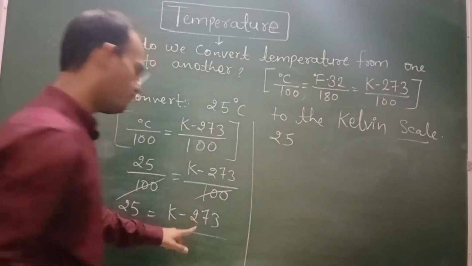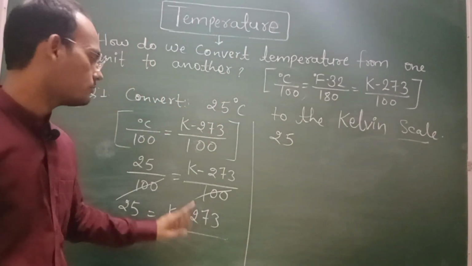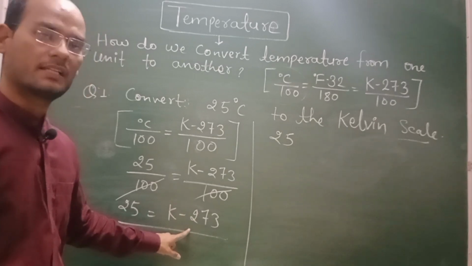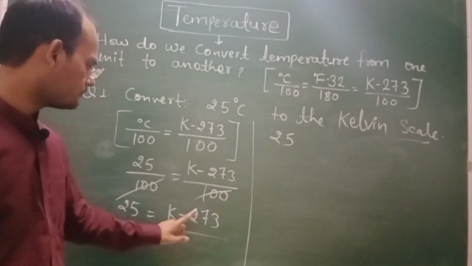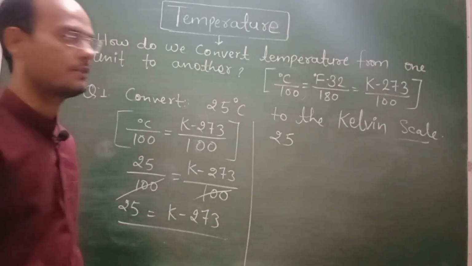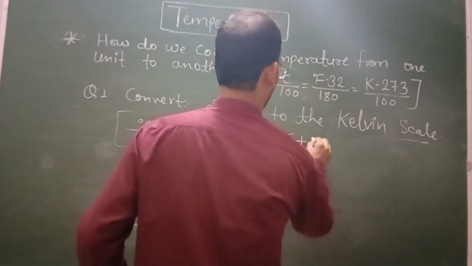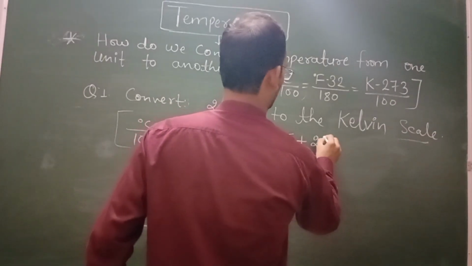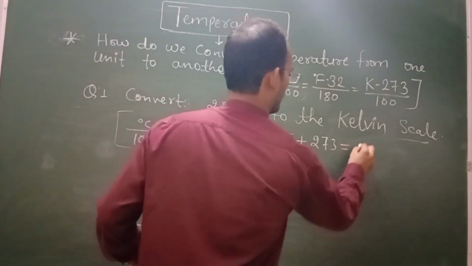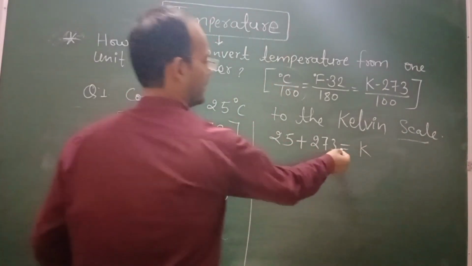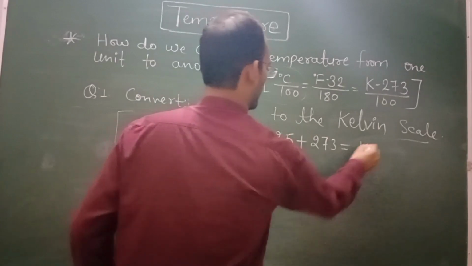25, this is the minus value, and when it goes to the other side it makes the positive. So this is positive, plus 273 equal to K. What is K?